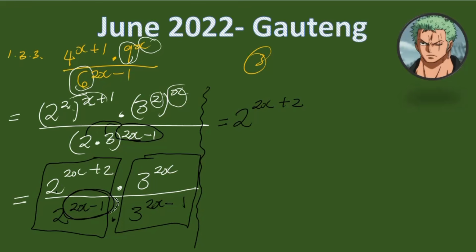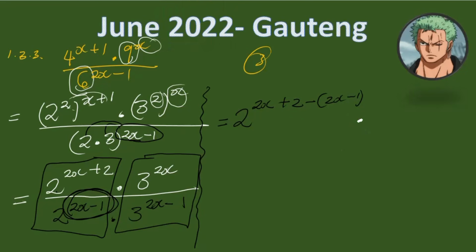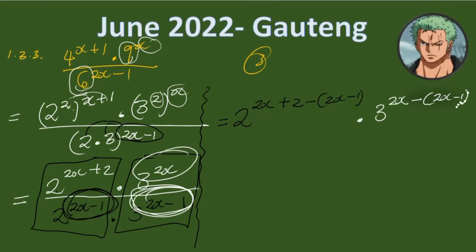So I'll subtract this exponent, minus 2x minus 1. Because it's a binomial, you write it in brackets. Multiplied by 3 raised to 2x, which is this one. When you divide powers with the same base, you subtract exponents. So subtract the binomial exponent, and you put it in brackets that way. Right. So then you simplify. You have 2 raised to 2x plus 2. And you distribute the negative.